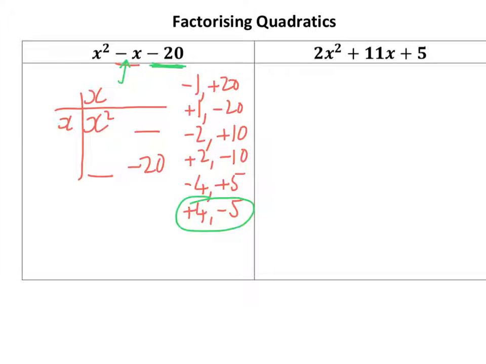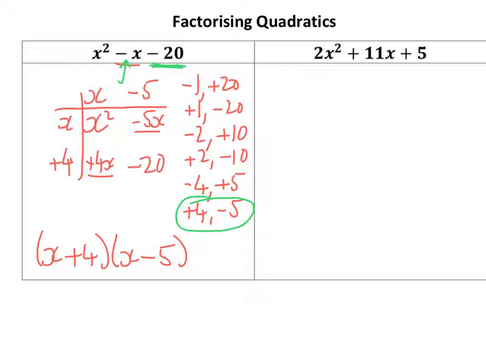So I've got plus 4x on one of them, and minus 5x on the other. That means I can fill this in here and here. And then to complete the factorisation, we just do x plus 4, x minus 5. I'm using that table because that's the way I multiplied out the brackets in a previous video.